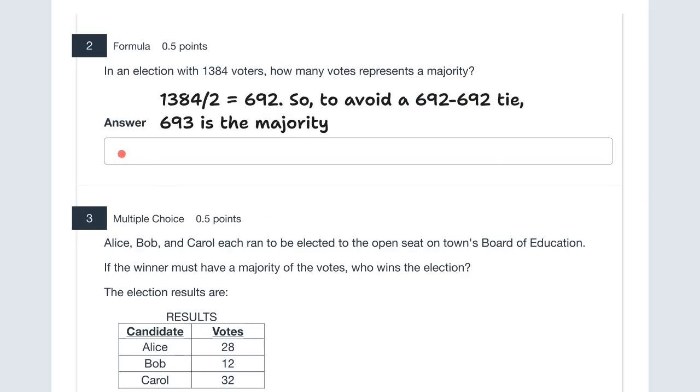So in our box, put 693. It's the first whole number over half.